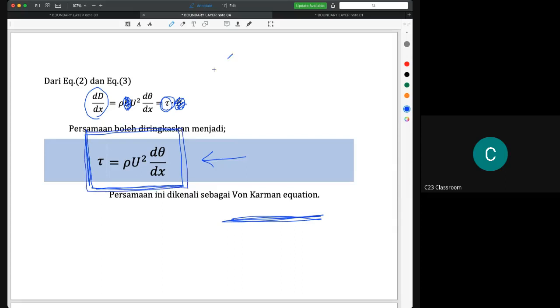At the same time, maybe we ask you how to derive or prove the Von Karman equation. Here you need to calculate the value of theta. That's why in our first introduction, we asked you about the equations of delta, delta star, and theta, and showed you the calculation of delta star over delta and theta over delta. In this part, we need to calculate the value of theta first before we could proceed with this calculation.